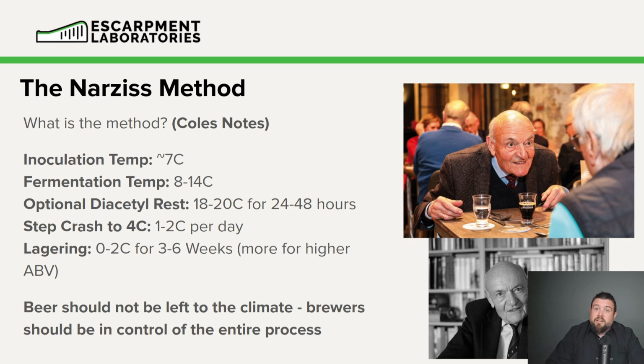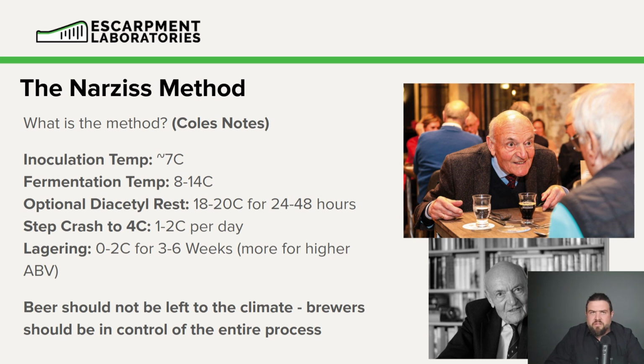This is one of the most iconic things Narziss is known for, the Narziss method. So let's take a look at it. It is roughly an inoculation at 7 degrees Celsius. However, it then ramps up in temperature to about 8 to 14 degrees C. It has an optional diacetyl arrest for 24 to 48 hours. We'll talk about that more in a second. It is then not cold crashed. It is stepped down, 1 to 2 degrees Celsius roughly per day.